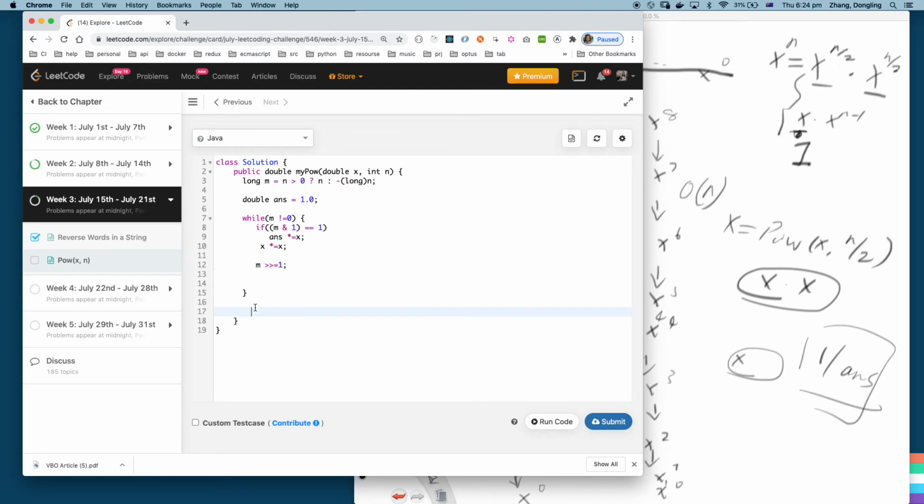Afterwards, we just need to compare. Until we loop to here, this is the last one, and you continue times x, similar to here. Once you finish it, you just check n greater than or equal to 0, then it is just the answer. But what happens if it is negative? You just use 1 divided by your answer. If you don't remember the math, you can find that x to the negative 3 is actually 1 divided by x to the 3.